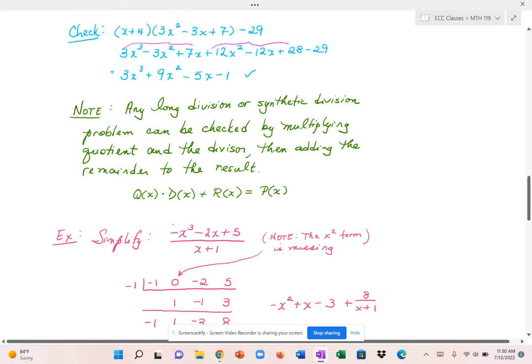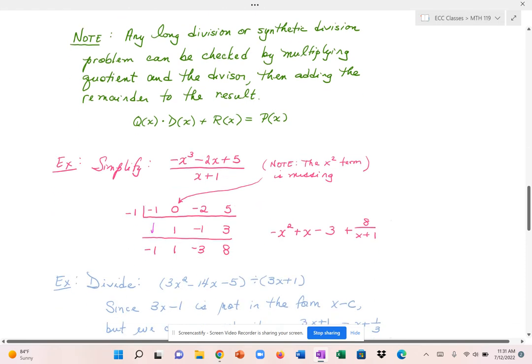So when I write in my coefficients and my constant right here, you are going to put -1, 0, -2, and 5. And on the outside, you put the opposite sign of that number. So it's -1. Then I'm going to repeat the steps that I did in the last two examples. Copy down the first number and then multiply -1 and -1.